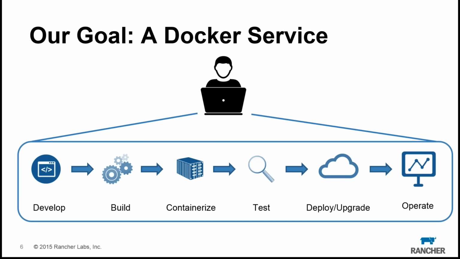So from the point of committing code into the code repository, through building and containerizing the application, to running tests, to actually deploying and upgrading and operating the application in production, there's a lot of value that Docker and the Docker ecosystem delivers throughout that cycle.